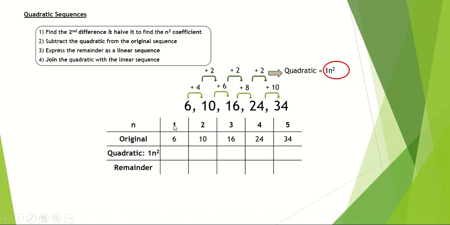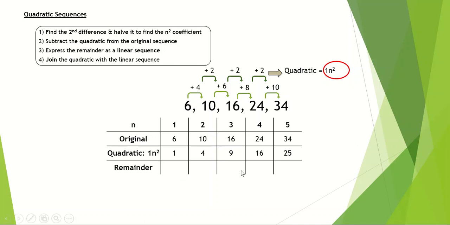So the n here is 1, so 1 squared times 1 is 1. 2 squared times 1 is 4. 3 squared times 1 is 9. 4 squared times 1 is 16. 5 squared times 1 is 25.